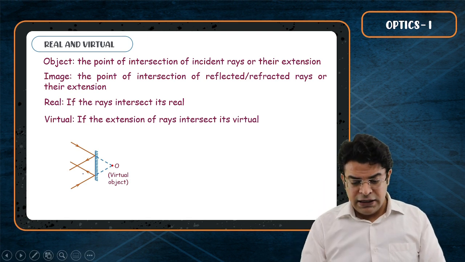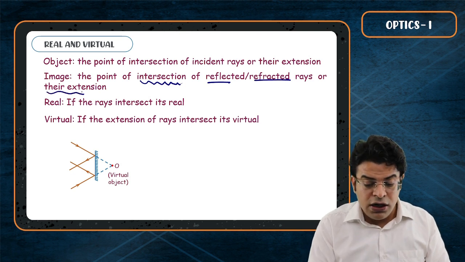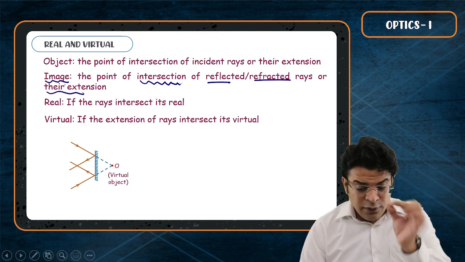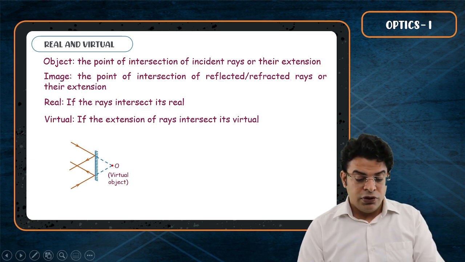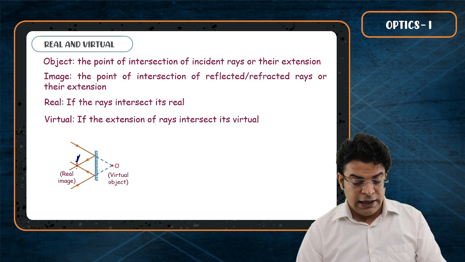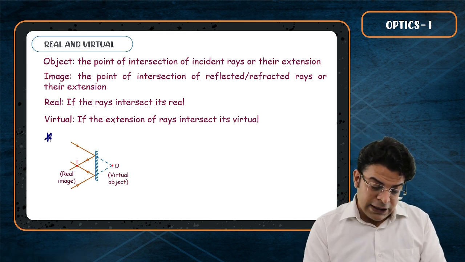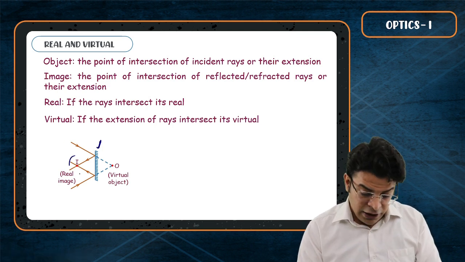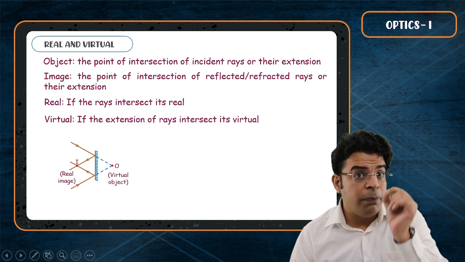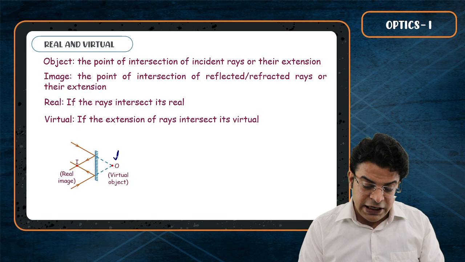We have learned that the point of intersection of reflected or refracted rays is called image. And if the rays actually intersect, then it's real. So you will call this point to be real image. Do notice here one important concept. This is asked: can a plane mirror form a real image? Yes, a plane mirror can form a real image given that the object is virtual.